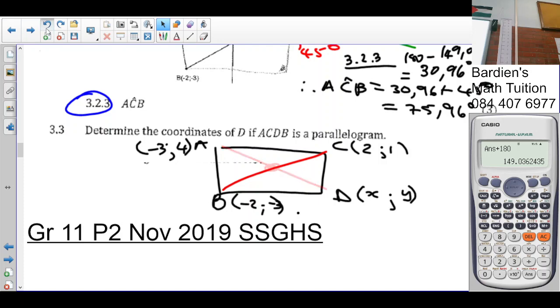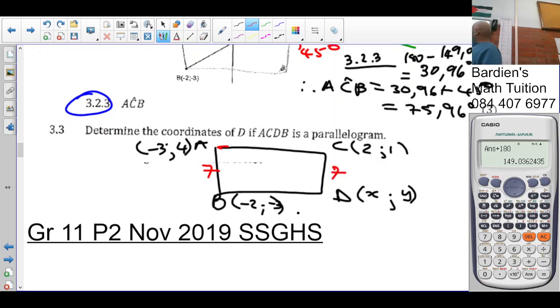Otherwise transformation, what I do is I say, from A to D, how many units do we move from A to D? It is 4 to negative 3 is 7. Why? Because it's on your y-axis. Can you see we move up or down is your y-axis? On this side must also be 7. Not so. So to get the y of D, 1 minus 7 is negative 6.